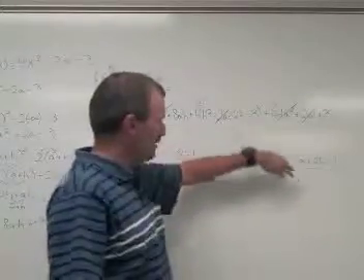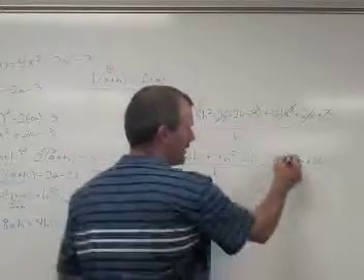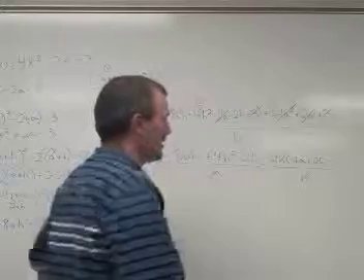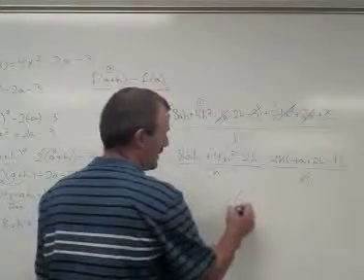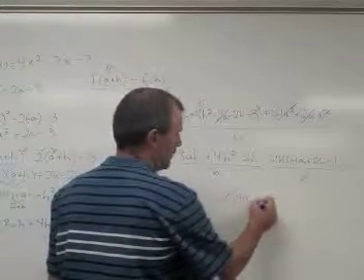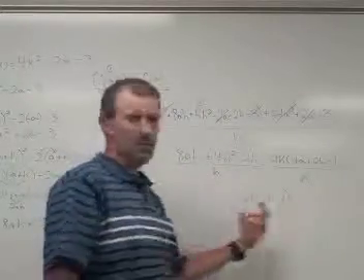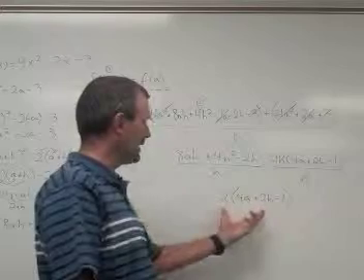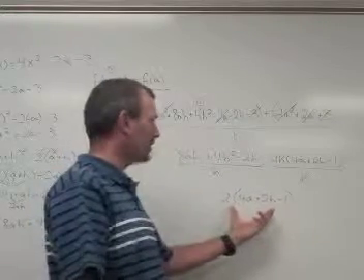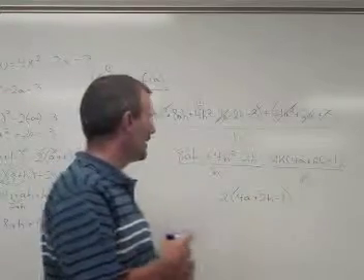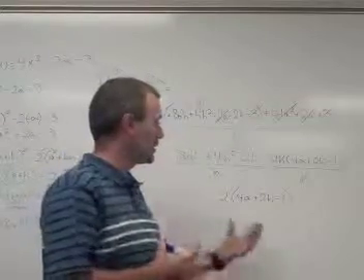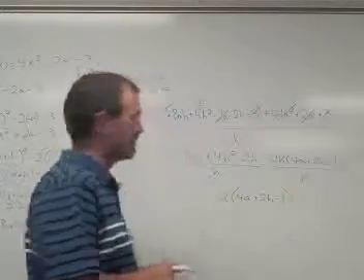Well, now that this is multiplied, this is a factor, this h can cancel with this h, and we're left with 2 times 4a plus 2h minus 1. Now, of course, if we wanted to, we could distribute that out and get 8a plus 4h minus 2. And I don't remember how I did it on the PowerPoint, but this would be our answer for this difference quotient.